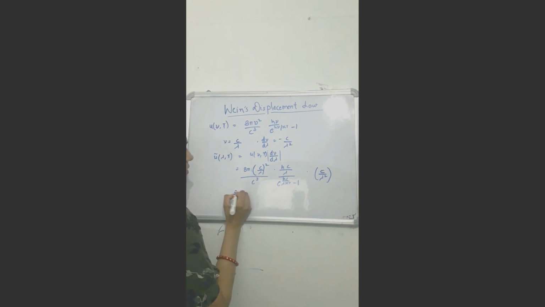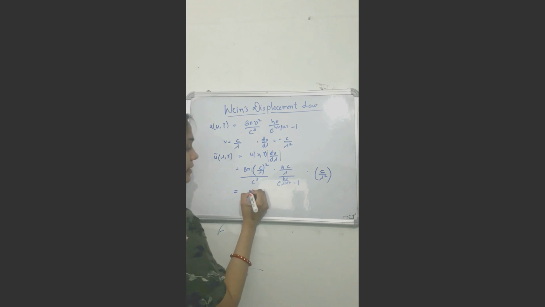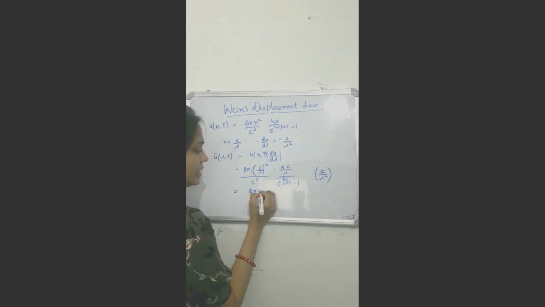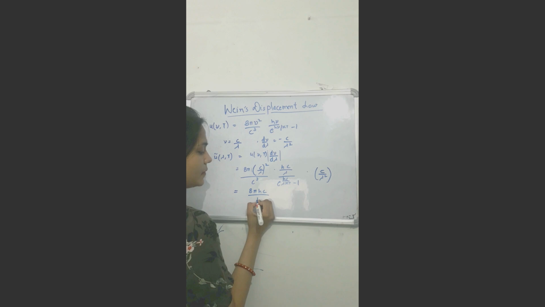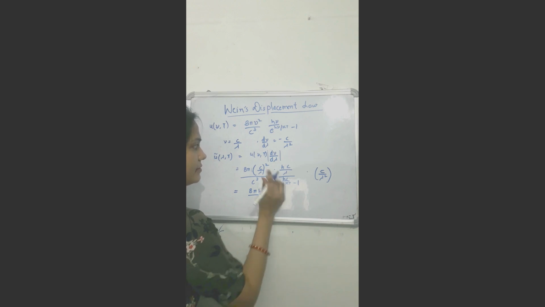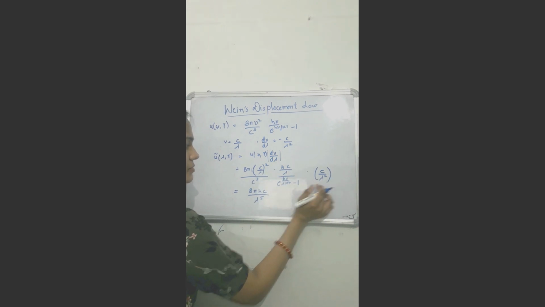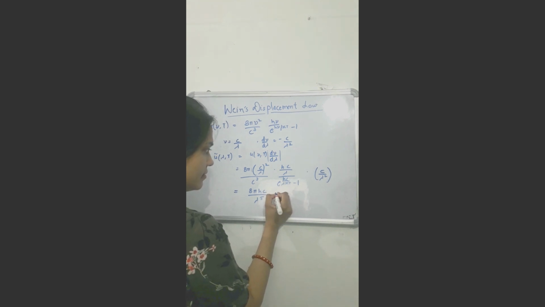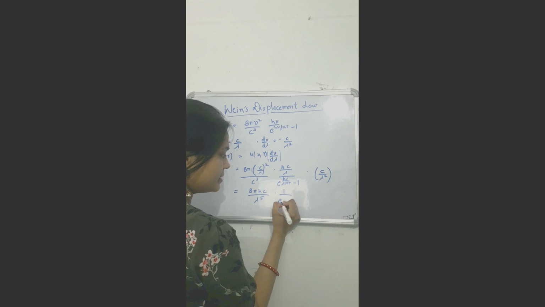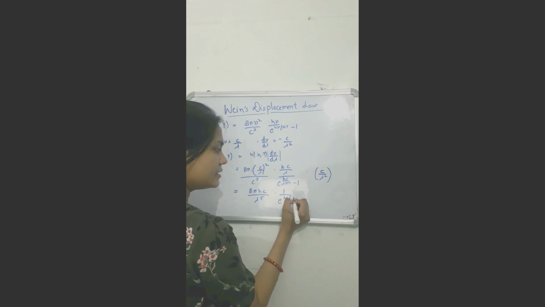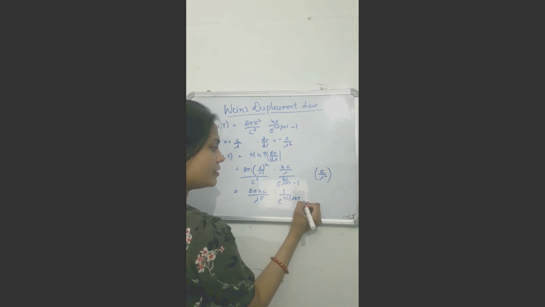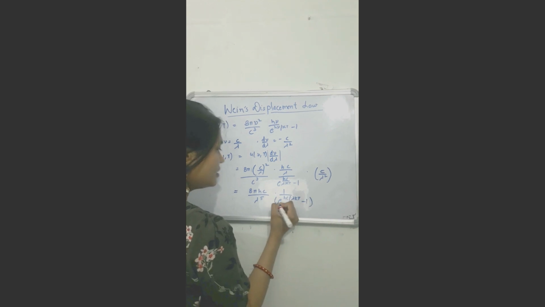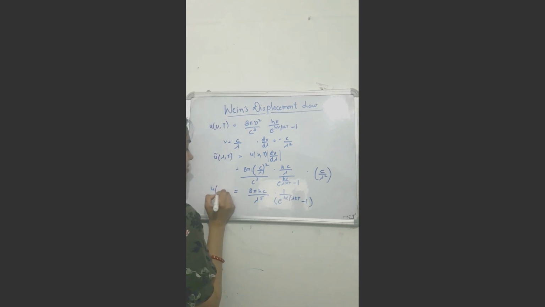So we get 8πhc/λ⁵ multiplied by 1/(e^(hc/λkT) − 1). So this is Planck's radiation formula in terms of wavelength.